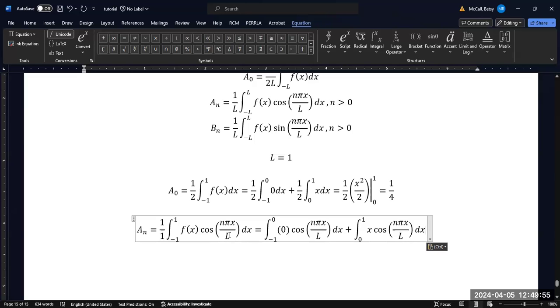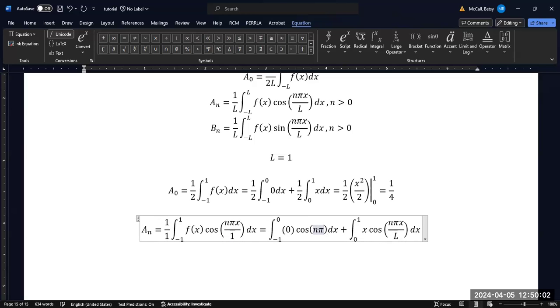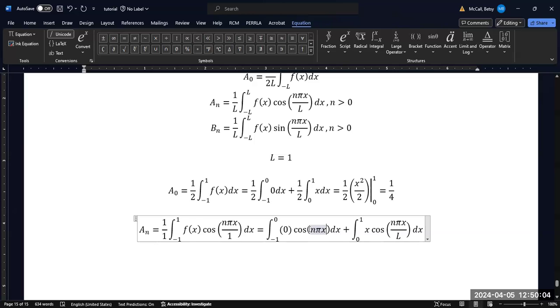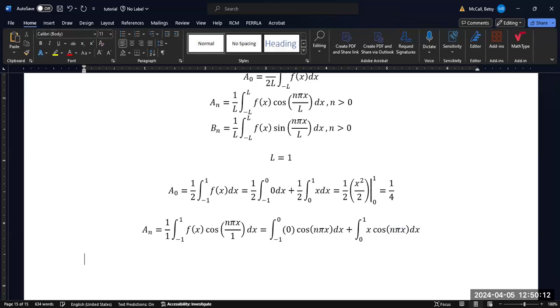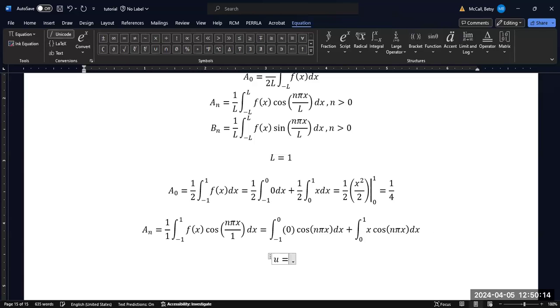And L is also 1. So this will just be n pi x and n pi x. And to integrate this, we're going to need integration by parts, but fortunately only for one step.